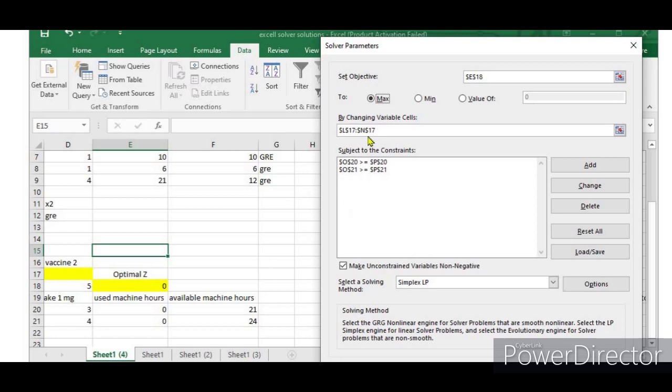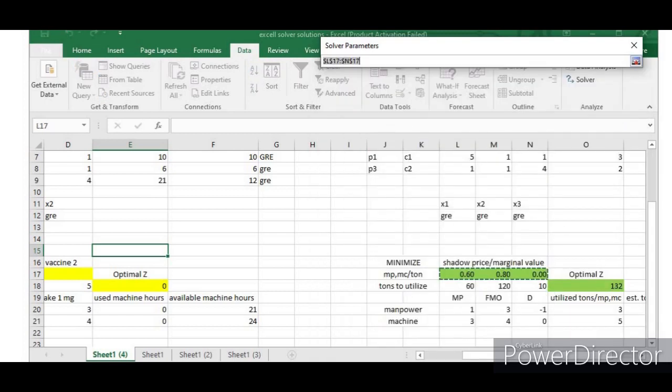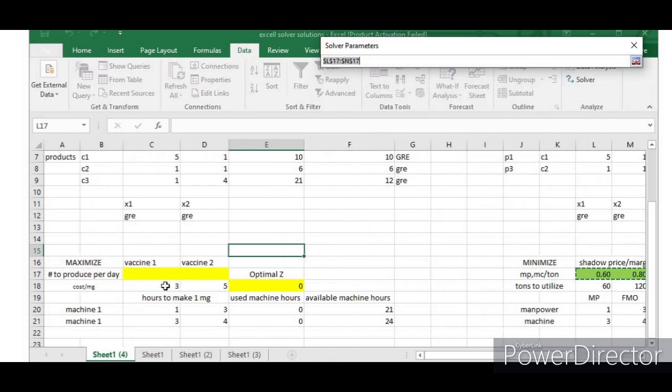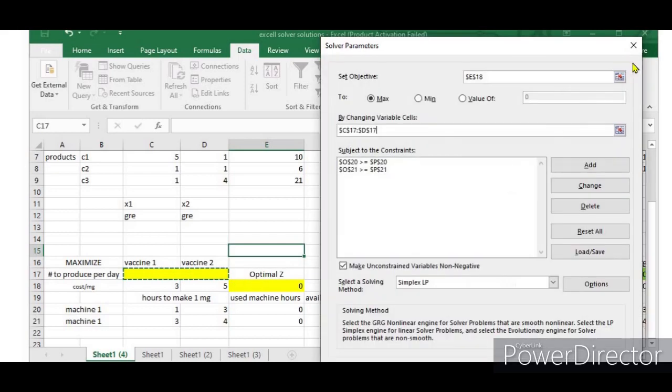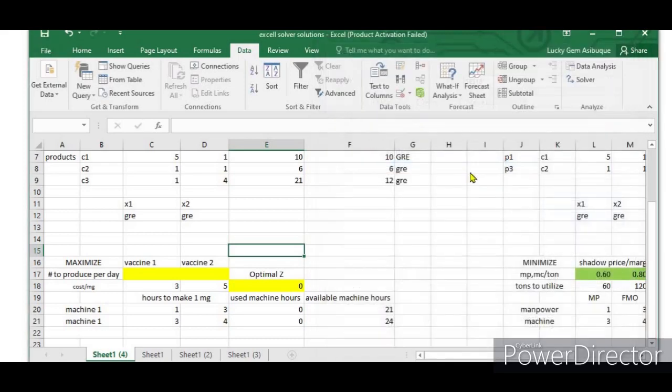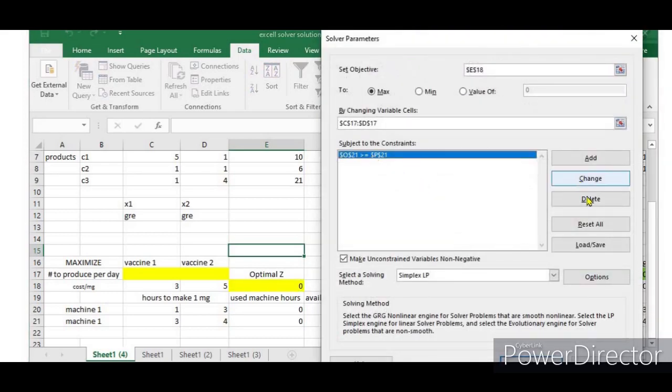Then for By Changing Cells, you can click that, and you can highlight the cells under vaccine 1 and vaccine 2. Okay, then click that again. Then for the Subject to Constraints, first let's just remove them. Okay, so let's reset.